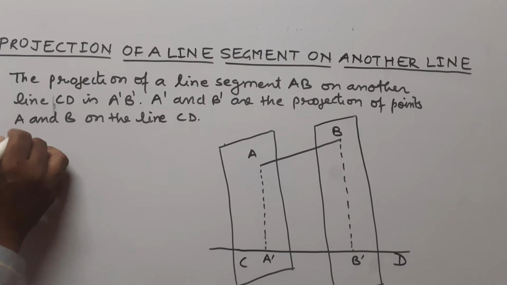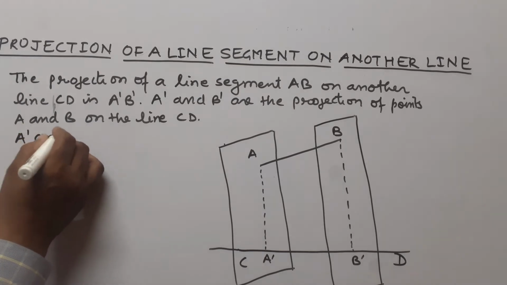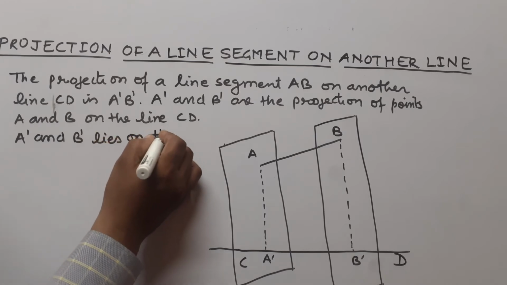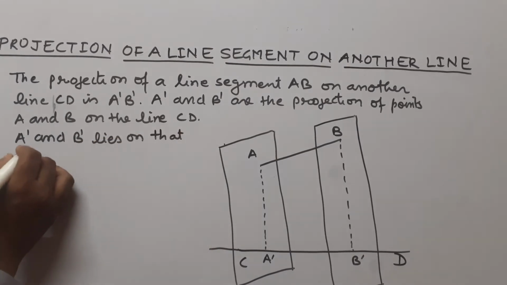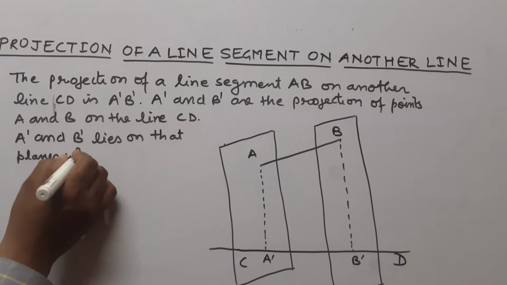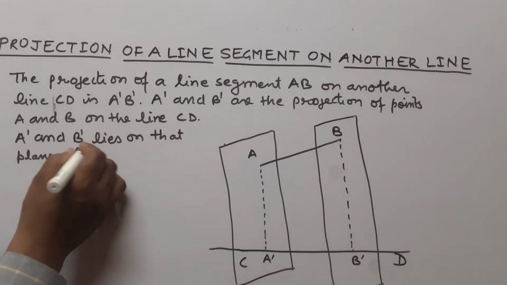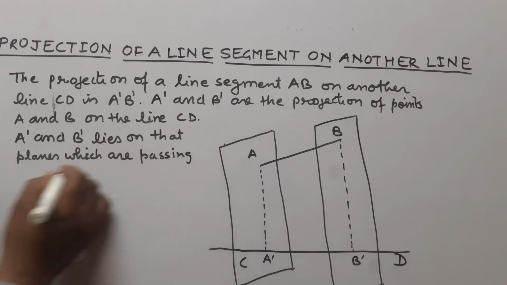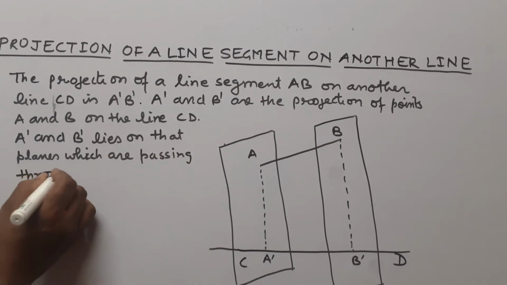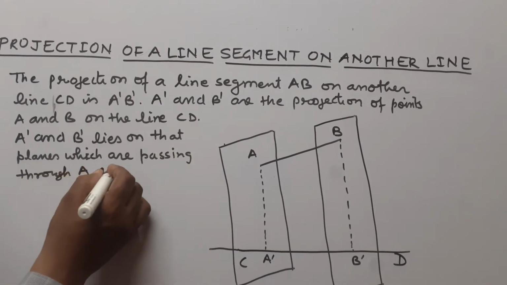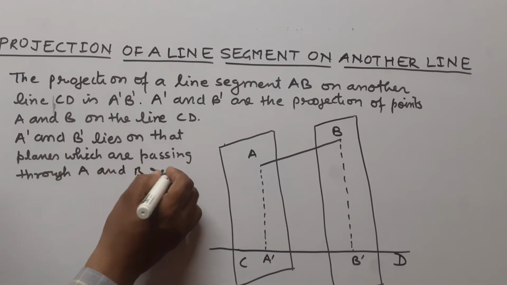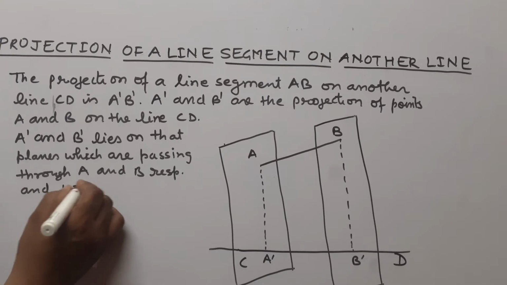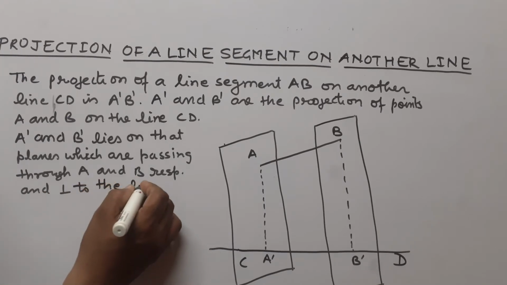Here A dash and B dash lie on those planes which are passing through A and B respectively and perpendicular to the line CD.